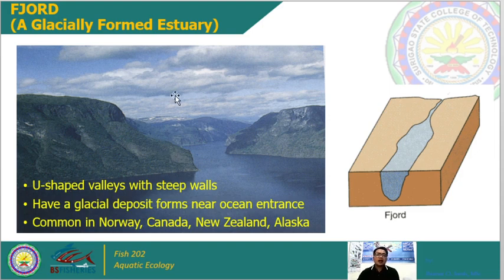Kini is habog nga mga areas, mountainous U-shaped valleys with steep walls. As you can see here, habog nga o layom nga mga depth. So have glacial deposits forms near the ocean entrance, common in Norway, Canada, New Zealand, Alaska, and some portions of the temperate environments or temperate regions.